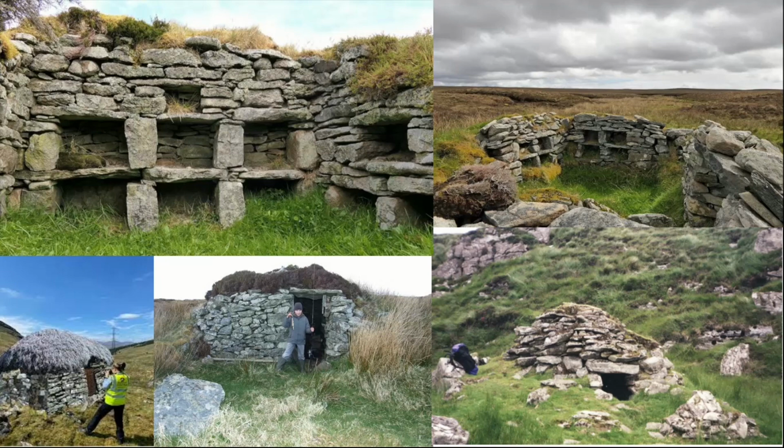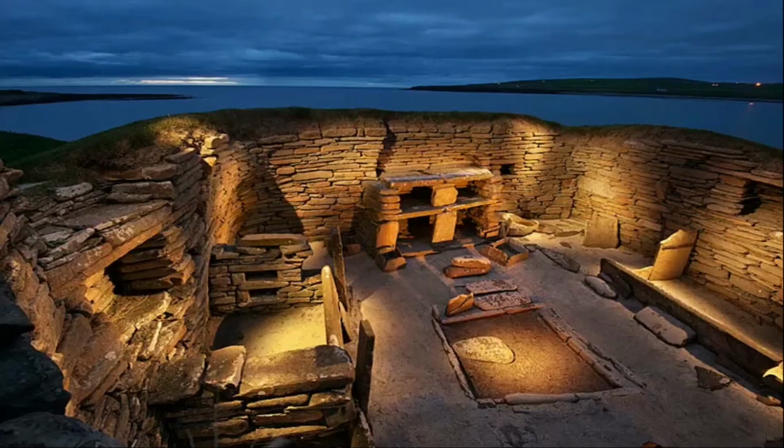And as I said in the earlier video, what they actually reminded me of was this. This is Skara Brae. Now Skara Brae is not a shieling. It's a much grander construction, but the techniques in building are very, very similar. What makes Skara Brae so grand is Orkney and Caithness.